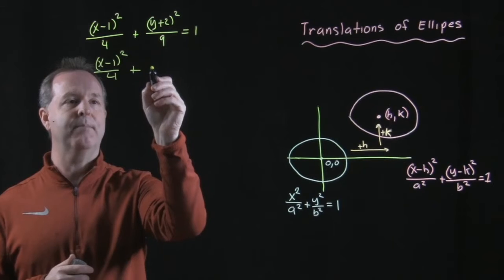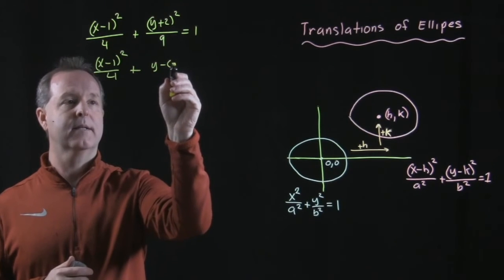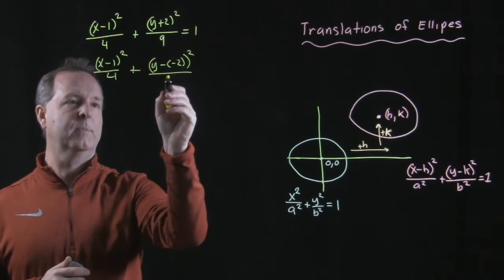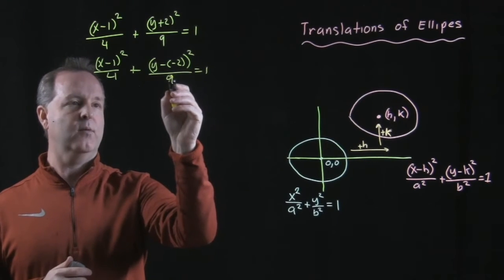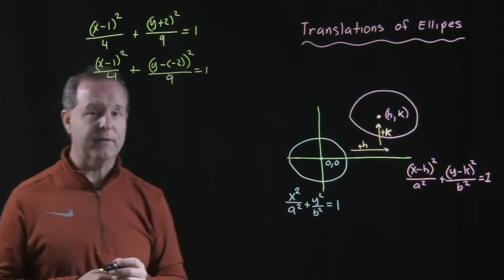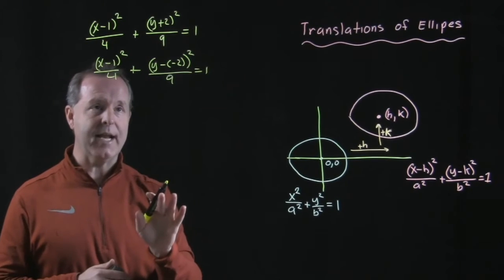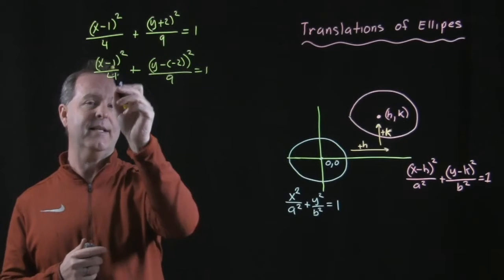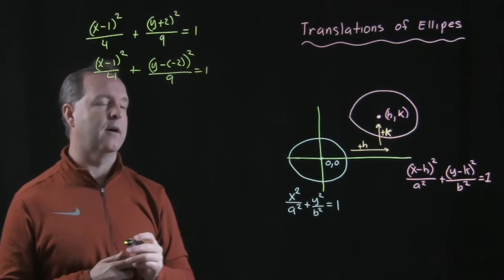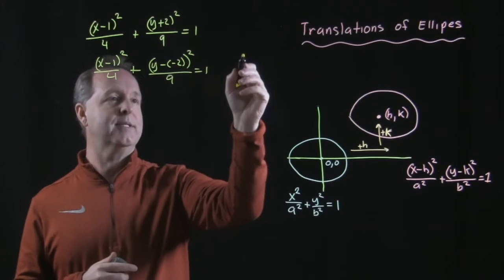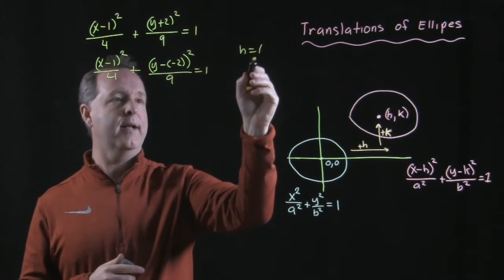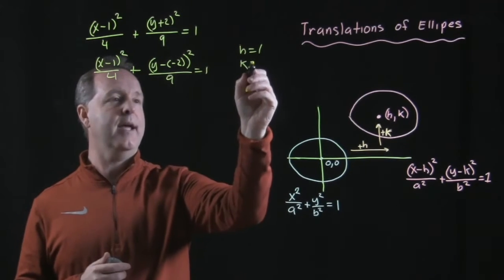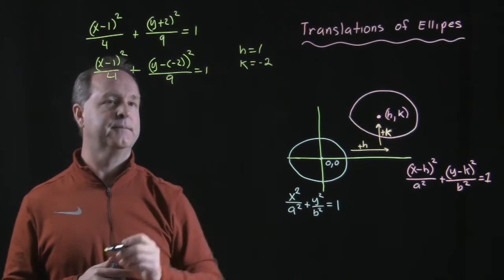So I need to rewrite y plus 2 as y minus a negative 2. See what I did there? It was a minor, subtle change, but we needed to do that so we identify exactly what h and k are. So h is specifically 1, and since it's y minus k, k is negative 2.